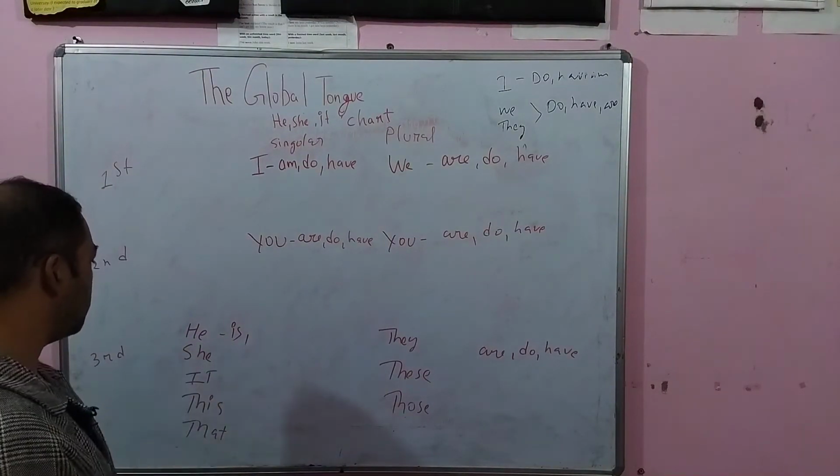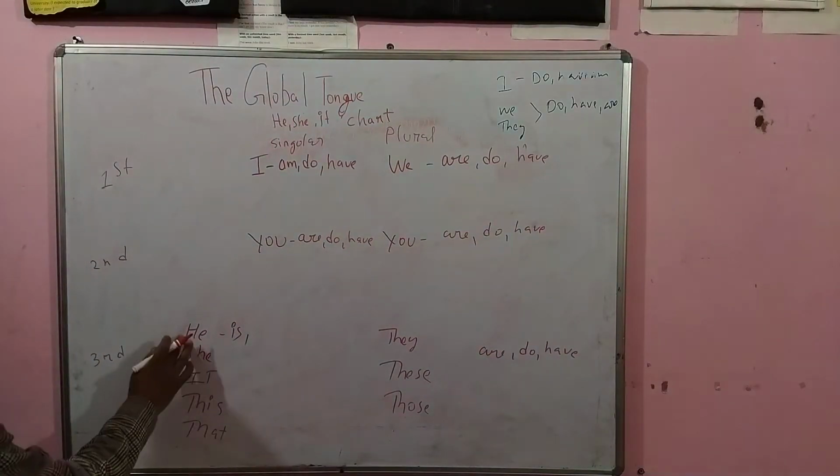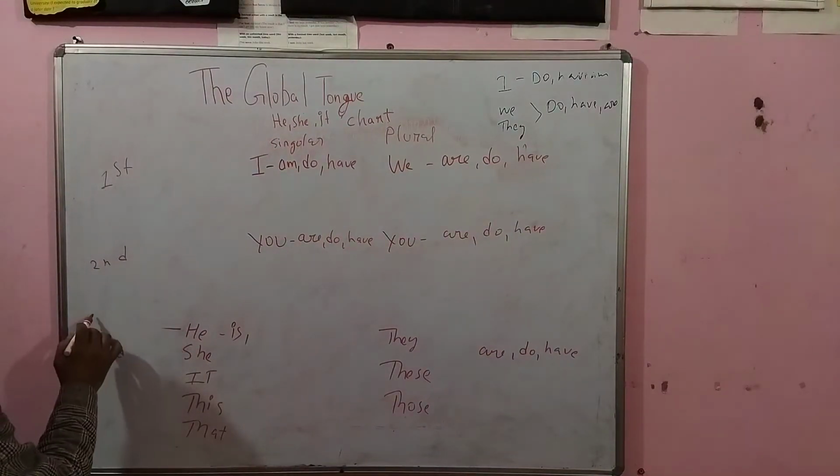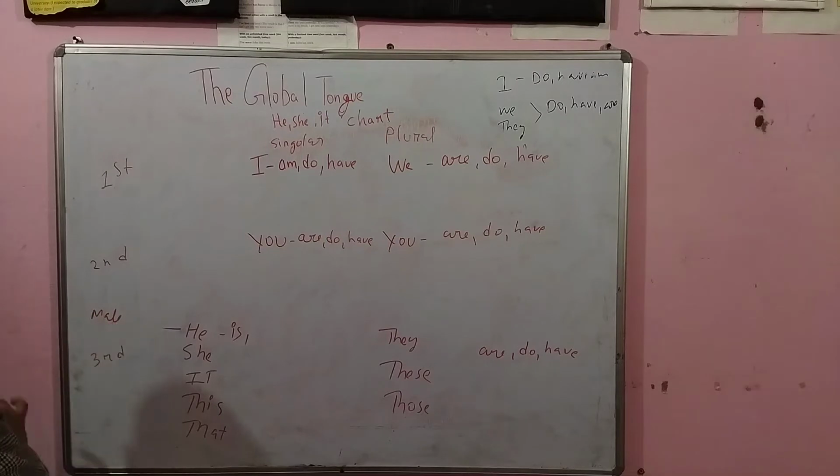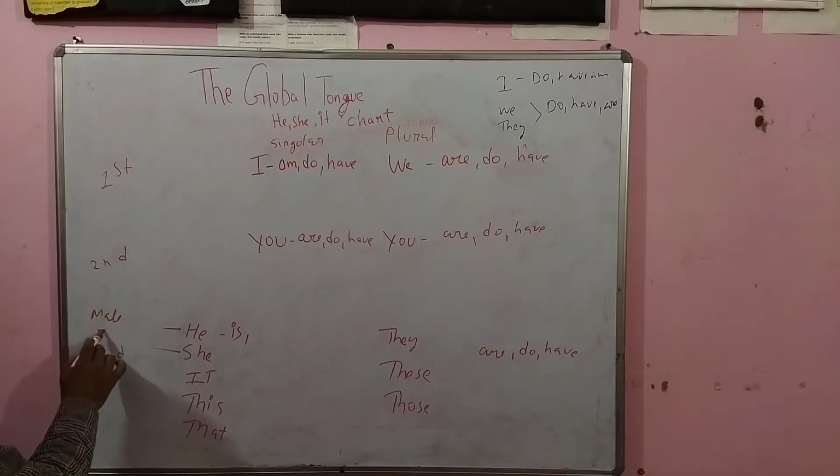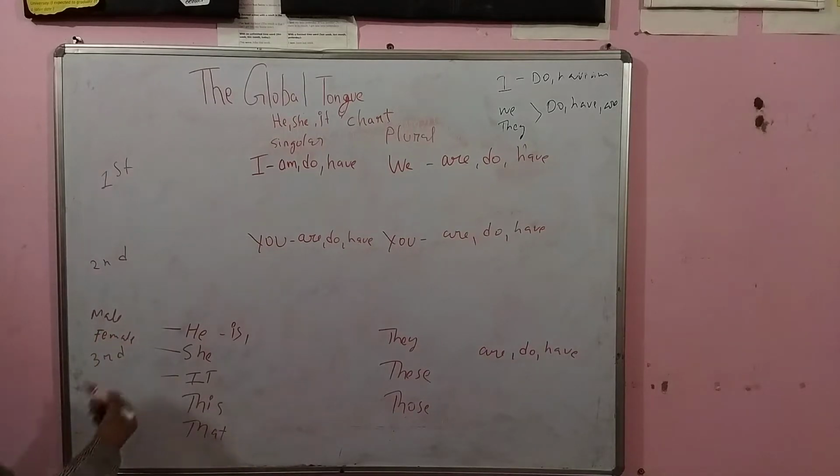And what the rule says, okay, he is for male, human version, she for female. It could be anything. This could be any single idea. Laptop, TV, mobile phone, any single phone.